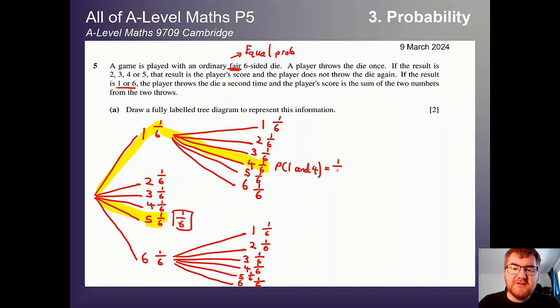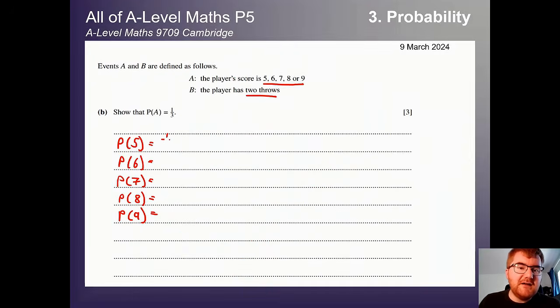So we have 1 over 6 times 1 over 6 is 1 over 36. So we need to add together 1 out of 6 and 1 out of 36, and that will give us the probability of getting a 5, either directly or indirectly after the second throw. So we have 1 out of 6 plus 1 out of 36. You can use your calculator to help you add fractions, but I'll do this quickly. We've got 7 out of 36.